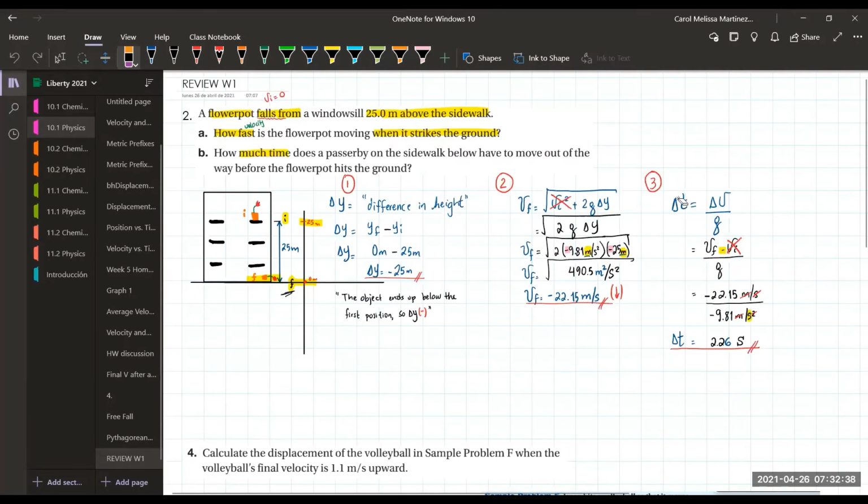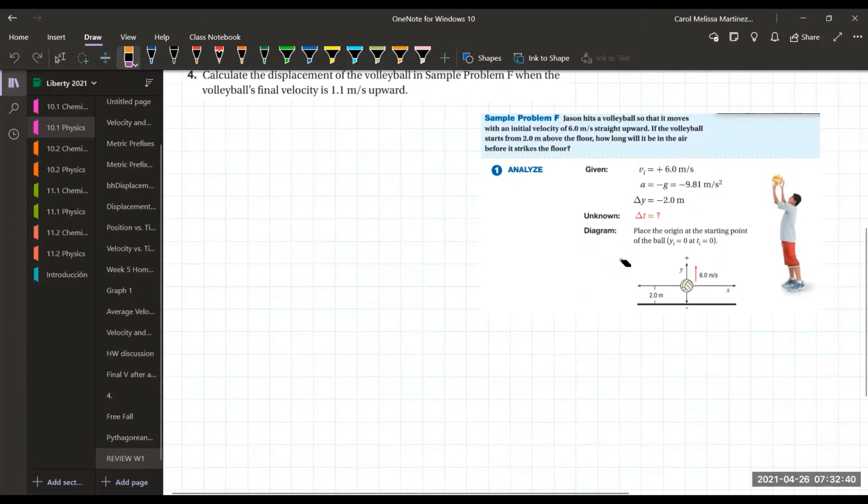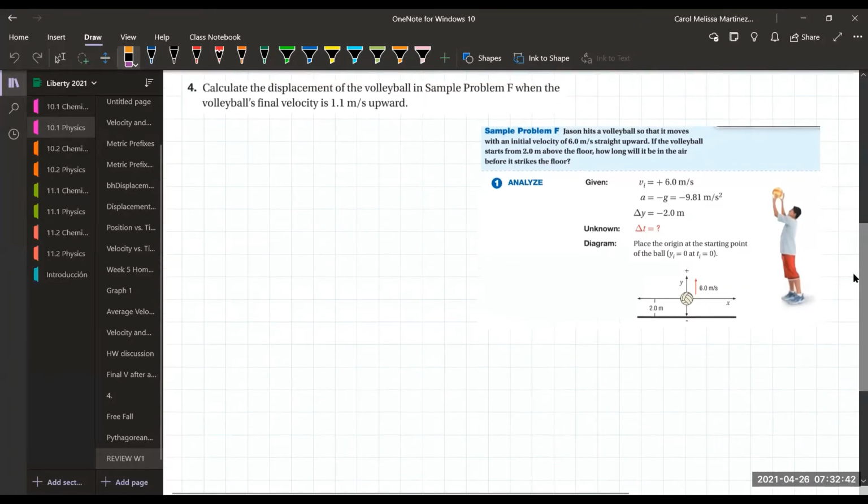I would explain you the reason, but I prefer to do the exercise number 4. It says calculate the displacement of the volleyball in sample problem F. Okay, so to know what we're talking about, we need to take a look at the sample problem F. Then it says when the volleyball's final velocity is 1.1 meters over second upward.